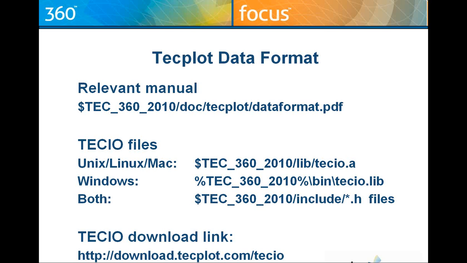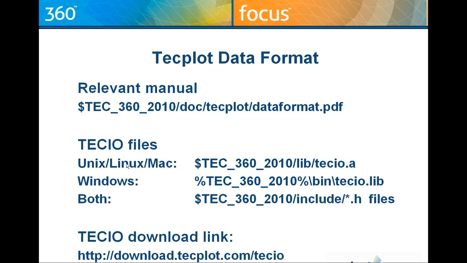The better option would be perhaps to output binary format right away from the code. And there is a so-called TecIO library which allows you to use this interface and to create binary files. The library is already installed with the distribution. I'm sorry.